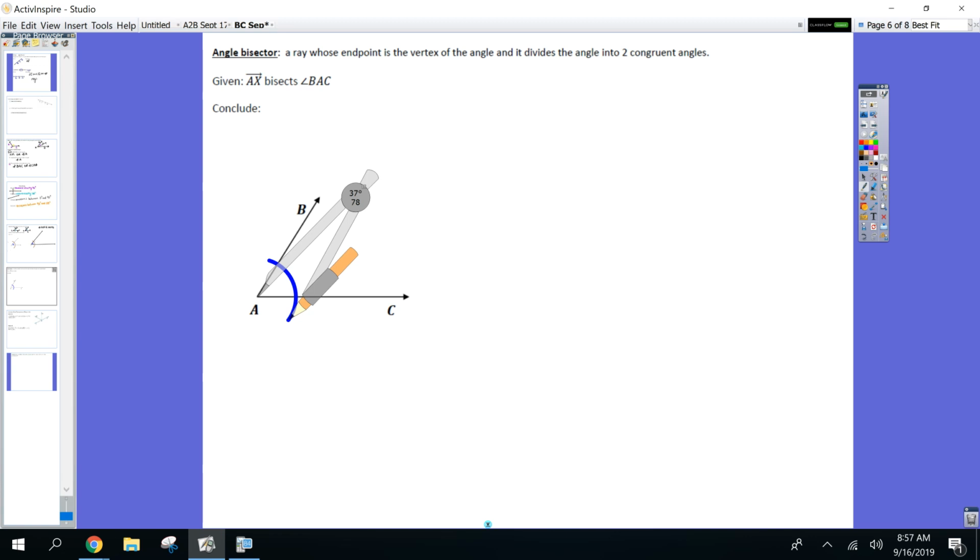How many points of intersection do you now have? Two. Put your compass point on one of them. Now the opening does not matter from the first step to this step, but you're going to make two more arc marks right now. The opening should be the same when we make this arc mark and the next one. When you make this arc mark, make sure it's a little bit above the first one.